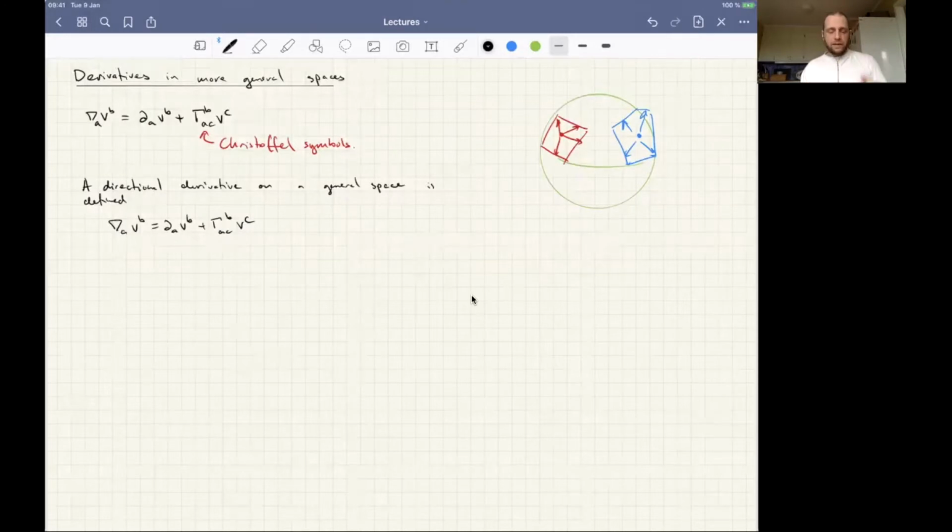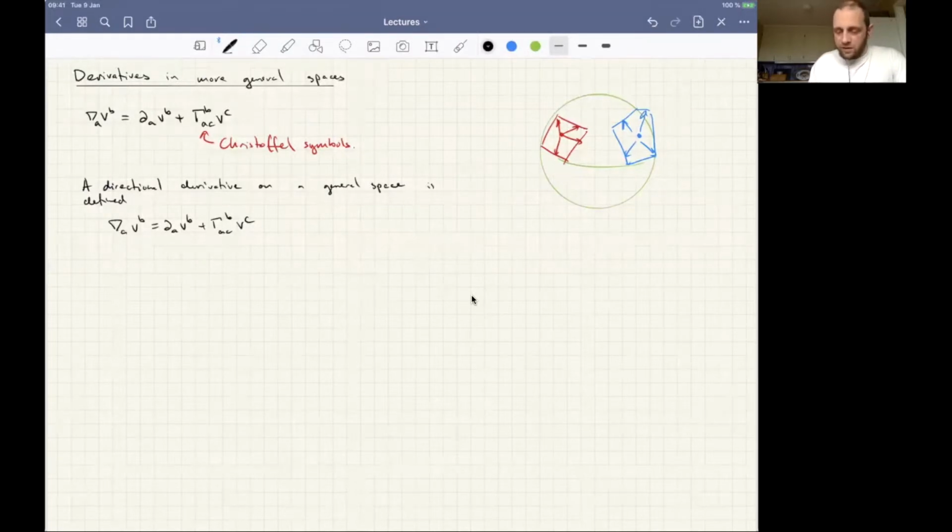In the case of Euclidean space, we define that through the fact that we had Euclidean space and we can identify the tangent spaces at different points to each other. And then there's a natural way of relating them to each other. But in a general space such as the sphere here, this tangent space a priori has nothing to do with that tangent space. So we have to be a bit more careful.